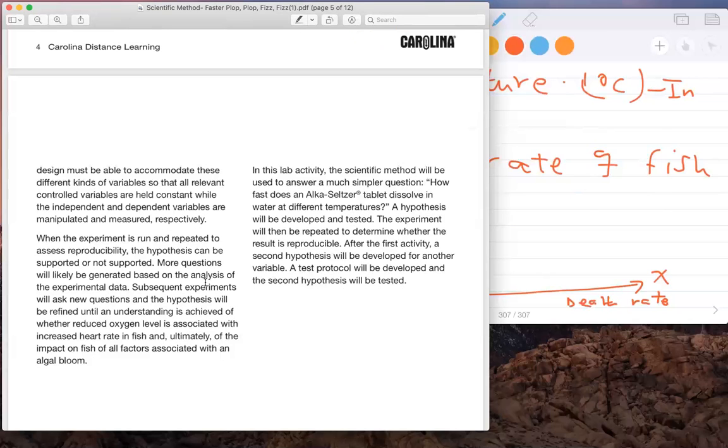Now, in this experiment, you will use the scientific method to answer the question: how fast does an antacid tablet dissolve at different temperatures? When we say different temperatures, there are three, all right?